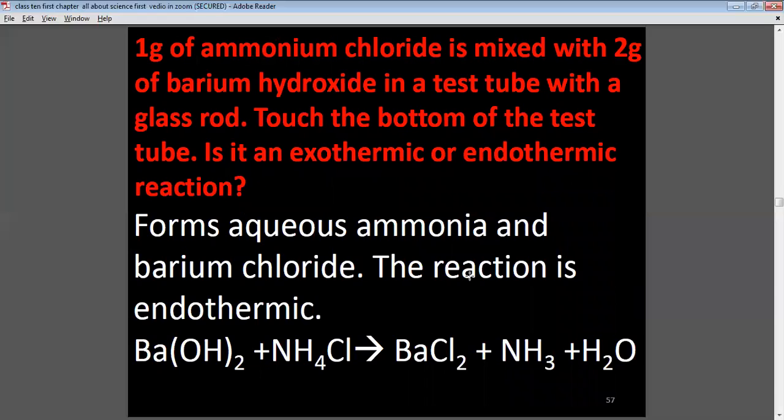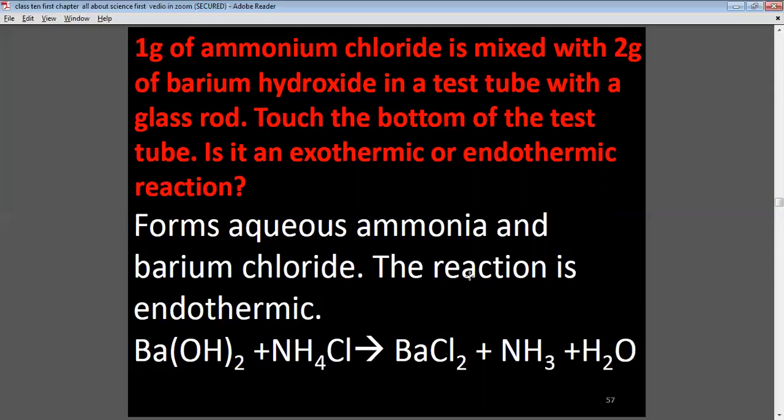1 gram of ammonium chloride is mixed with 2 grams of barium hydroxide in a test tube with a glass rod. Touch the bottom of the test tube. Is it an exothermic or endothermic reaction? It forms aqueous ammonia and barium chloride. The reaction is endothermic.